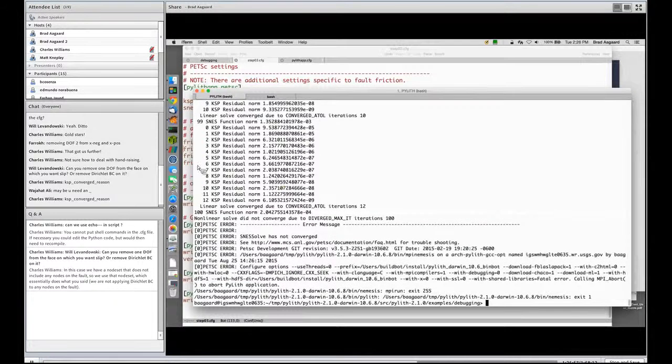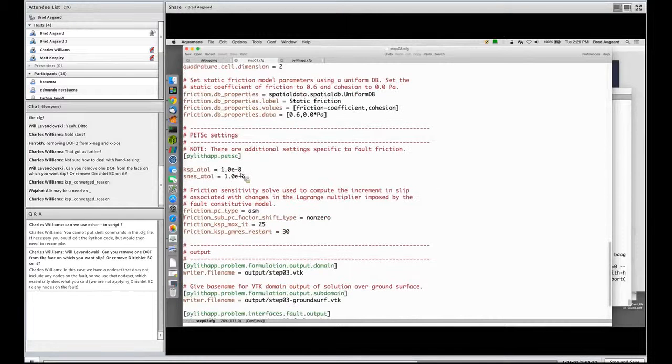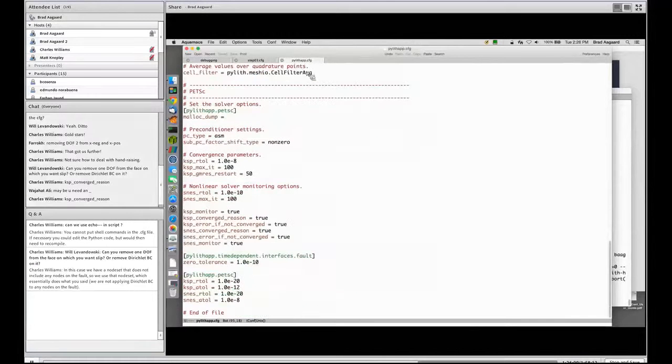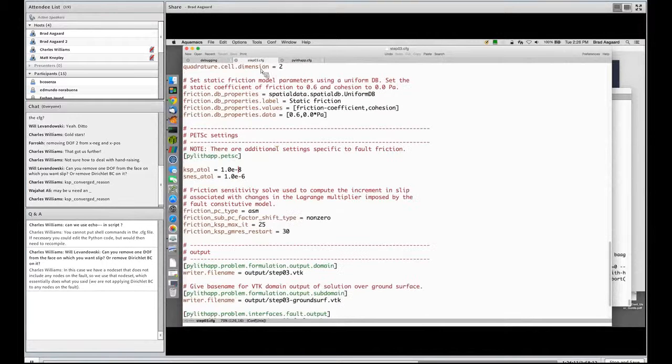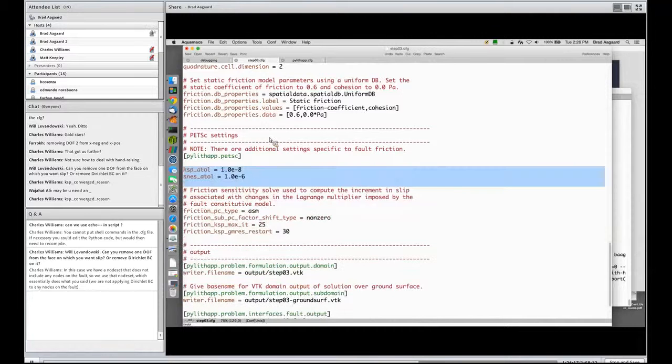What I notice here is that I set tolerances in my step03.cfg file, and so those overwrite my settings in the PyLith app file. So we'll just nix those. One way, since I don't even get to the log summary to see what things are, I could turn on SNES view and KSP view equals true.